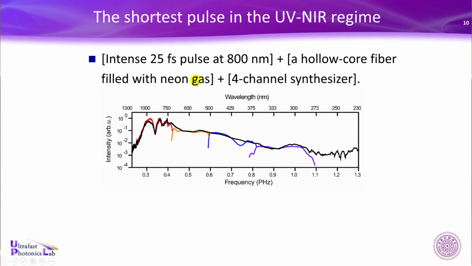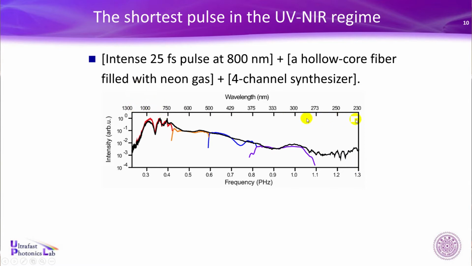Then you need a hollow core fiber filled with neon gas as nonlinear medium, because 25 femtosecond is not short enough. So you shine the pulse, interacting with the neon gas for nonlinear interaction. Then you will have a very broad output spectrum.